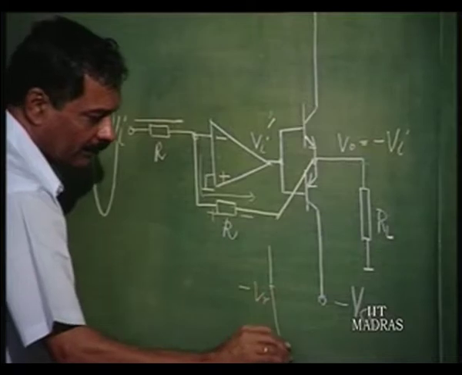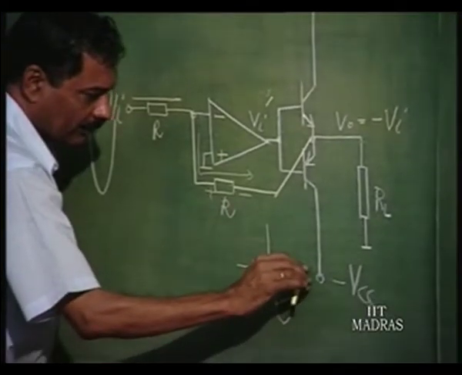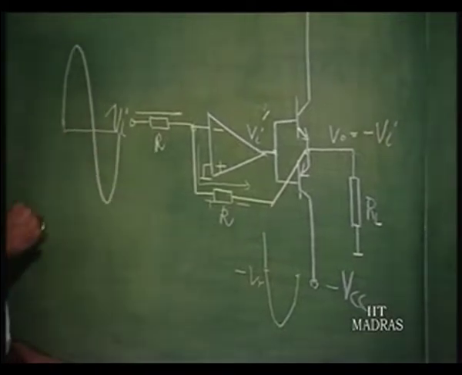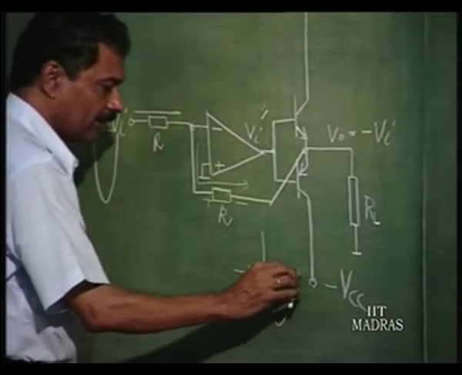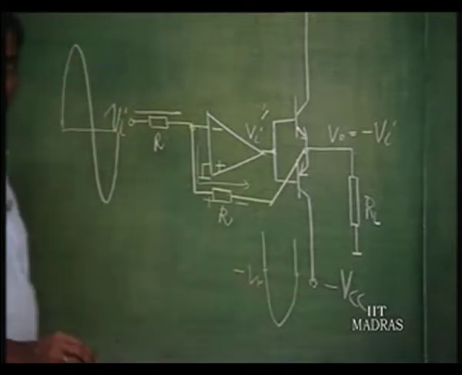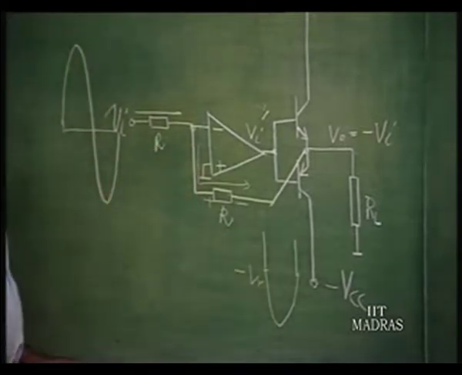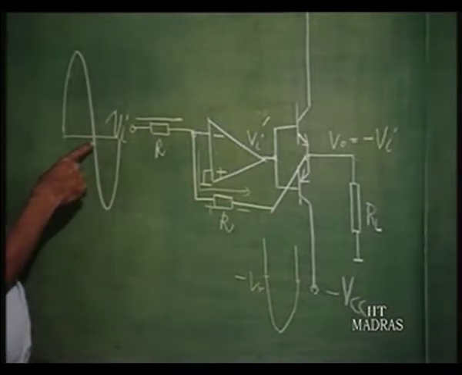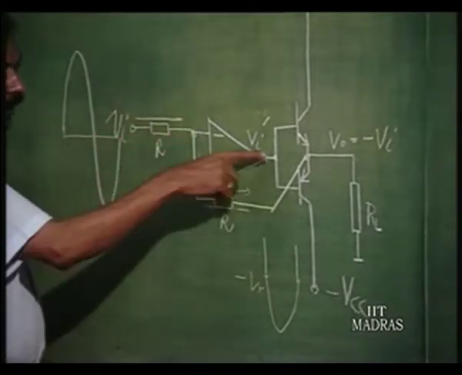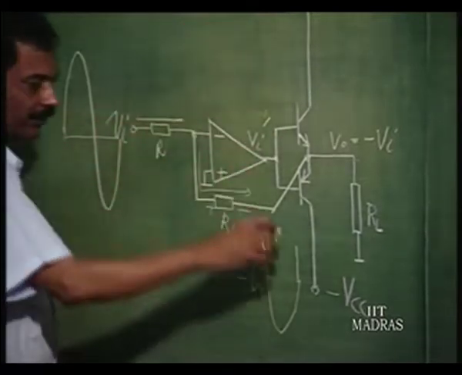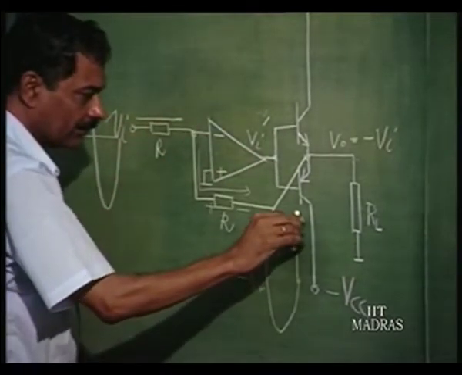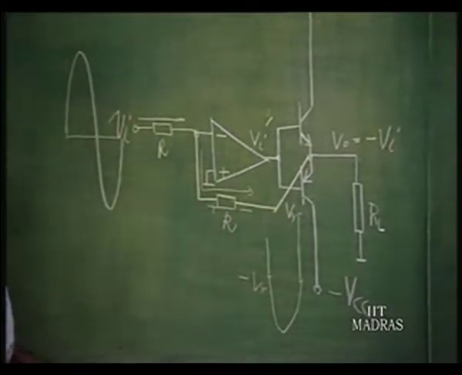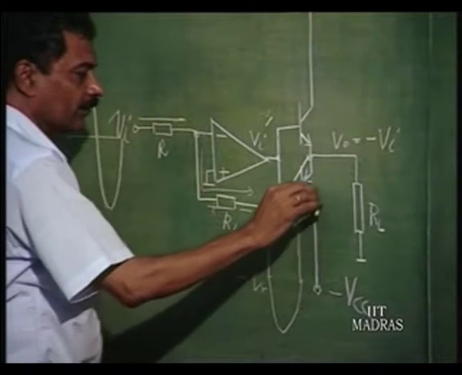So, again the moment this voltage comes towards 0, the feedback is broken, and the moment this goes negative slightly, the output will try to go to positive saturation. So, again there is a jump of V gamma, and thereafter there is negative feedback and it follows.